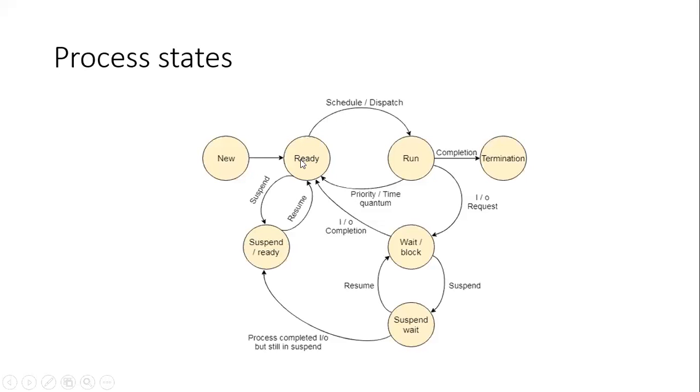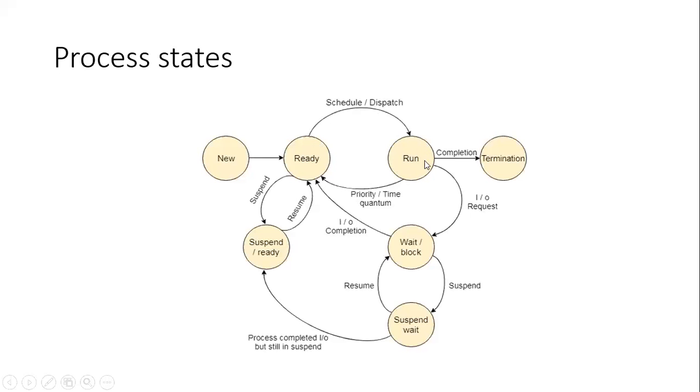Only one process can be scheduled from the ready state to the running state, and that responsibility is taken by the short-term scheduler. This is very important to keep in mind. The process is scheduled, or dispatched, by the short-term scheduler and put into the running state.